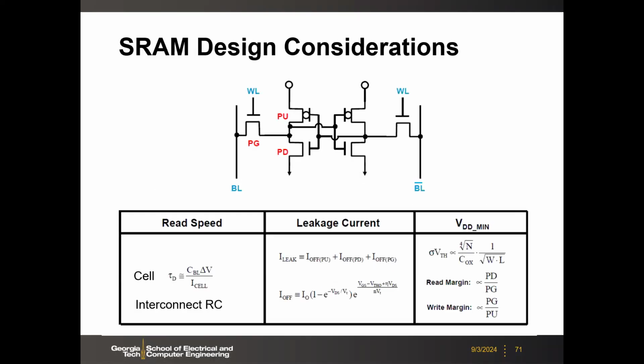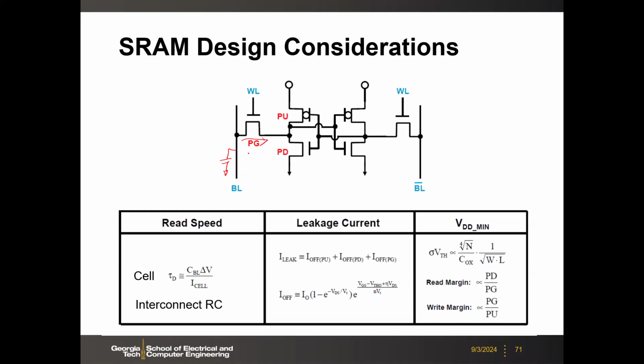So here are some design considerations for the SRAM bit cell design. And we talk about the read speed. So at the cell level, what matters we discussed earlier. For the first order, you discharge the bitline cap through the cascade read current.